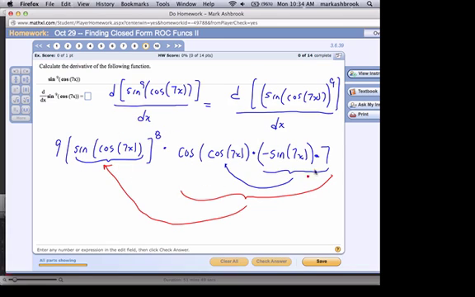So you can think of the whole thing as the rate of change of the exterior, 9 times the something to the 8th, times the rate of change of the interior function. That's what I've put in red. This whole thing is the rate of change of the interior function. So to do that, we need cosine. That's its own composition or chain rule. So the minus sine is the rate of change of the interior, and the 7 is the rate of change of the interior there.